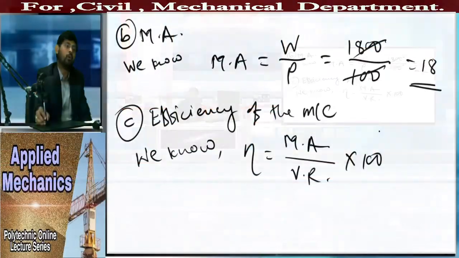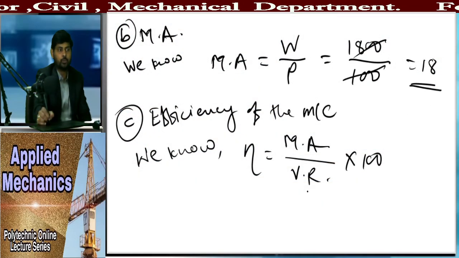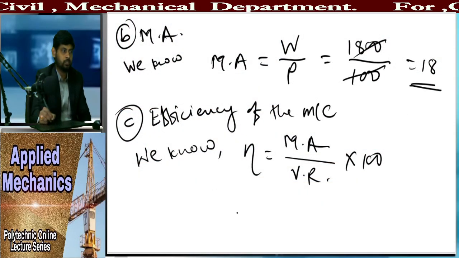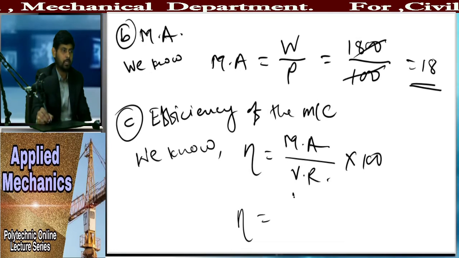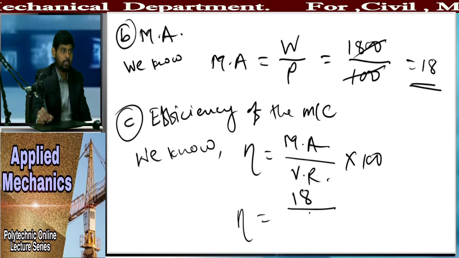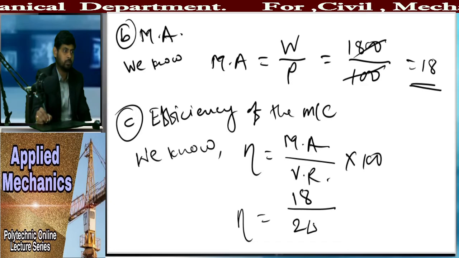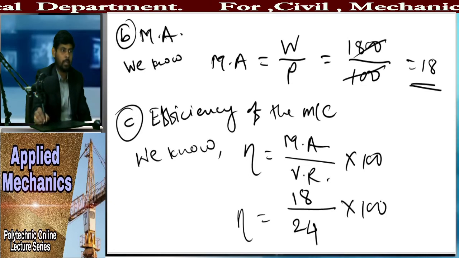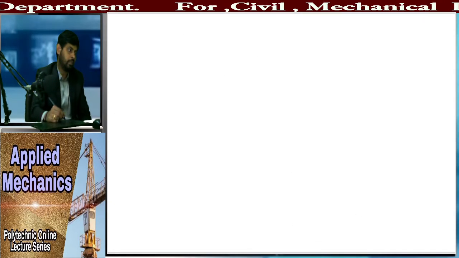Now put the values of mechanical advantage and velocity ratio here. Efficiency is equal to mechanical advantage 18 divided by velocity ratio 24 multiplied by 100.